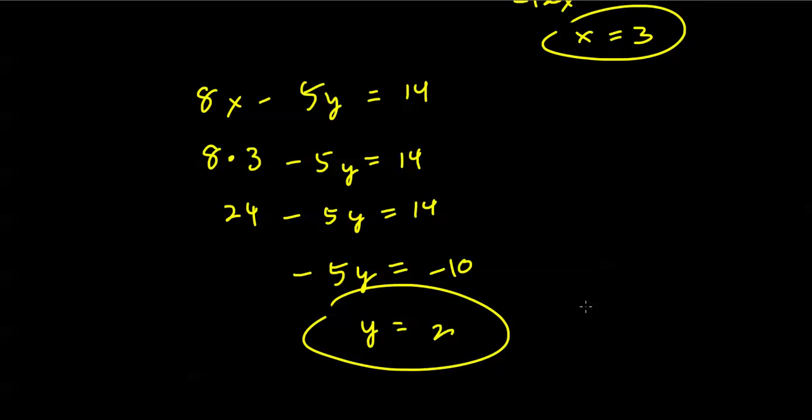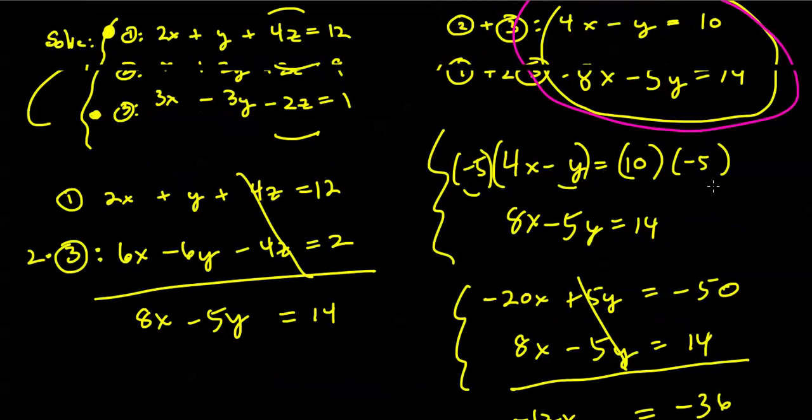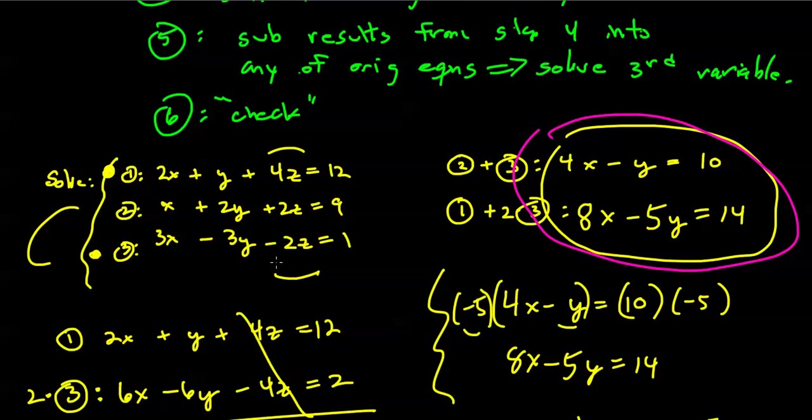But we still need to know what z is to solve our original system. Our solutions will be what we call ordered triplets. In section 3.2, our solutions were ordered pairs, right? So what I've got to do now is go back to any of my original three equations.